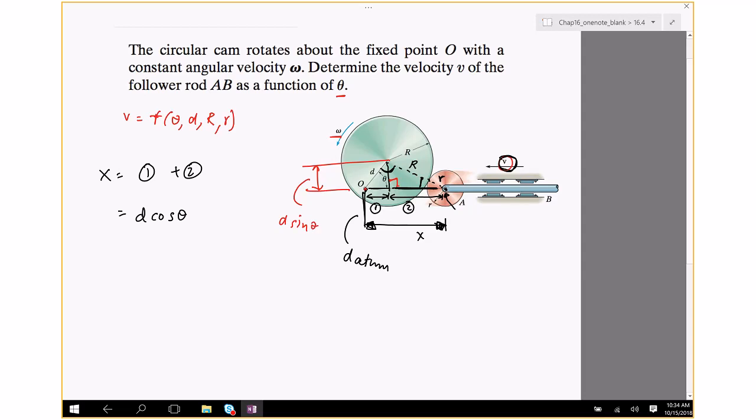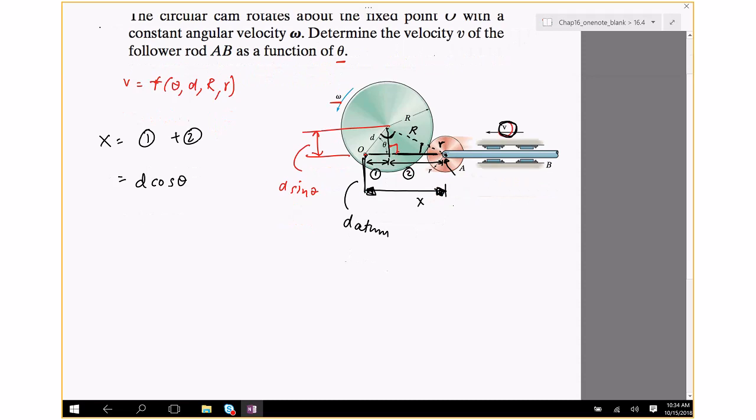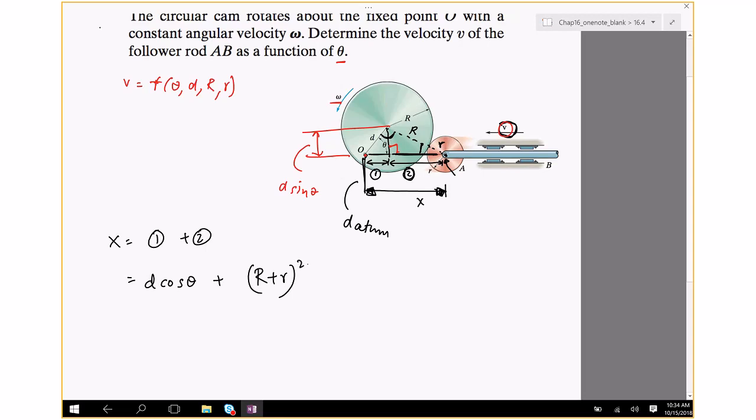Now, can you find 2? Because you know the two sides of a right angle triangle. So number 2 is the square root of R plus r, that's the hypotenuse, squared, minus d sine theta squared.